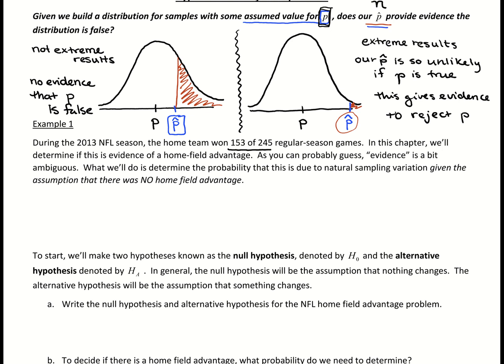But for now, we'll go through an obvious case of where we definitely have evidence or we definitely don't have evidence. So what we want to do is determine the probability of seeing this sample, assuming that there's no home field advantage. So let's talk about this proportion that we're analyzing first. This proportion is just the proportion of games won by the home team.